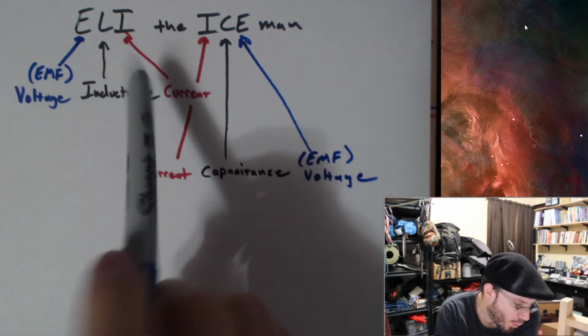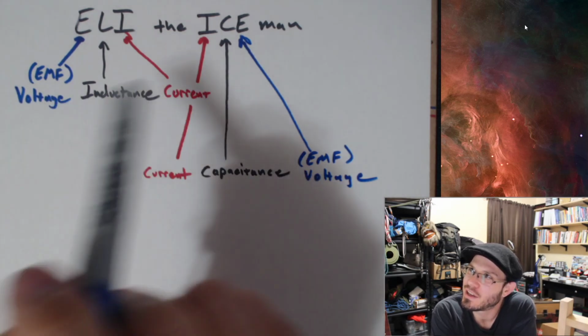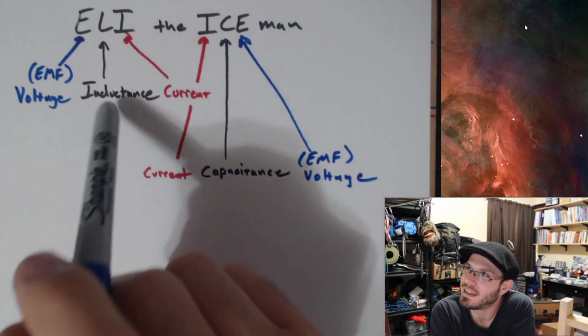And so what this little tool tells us is that voltage leads current for an inductor.